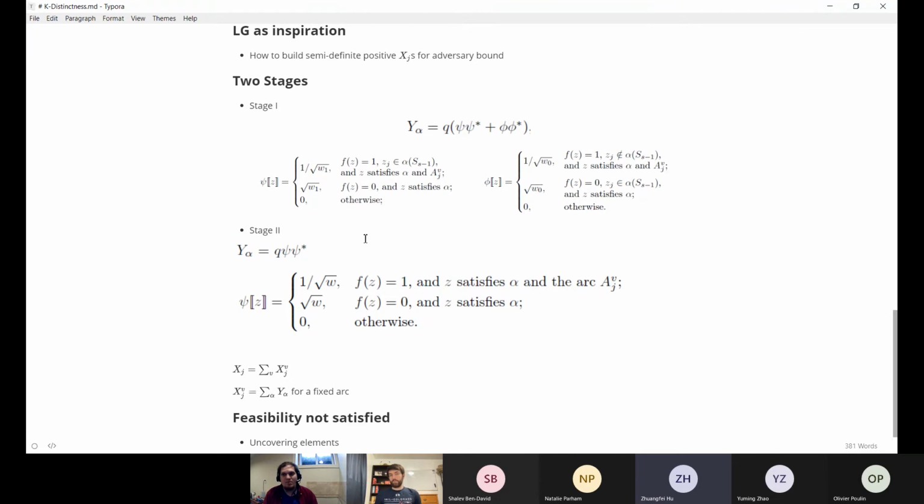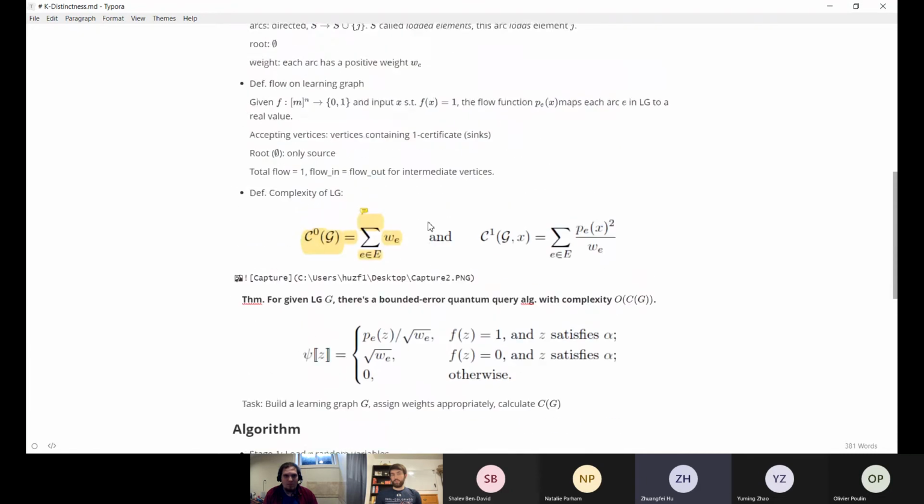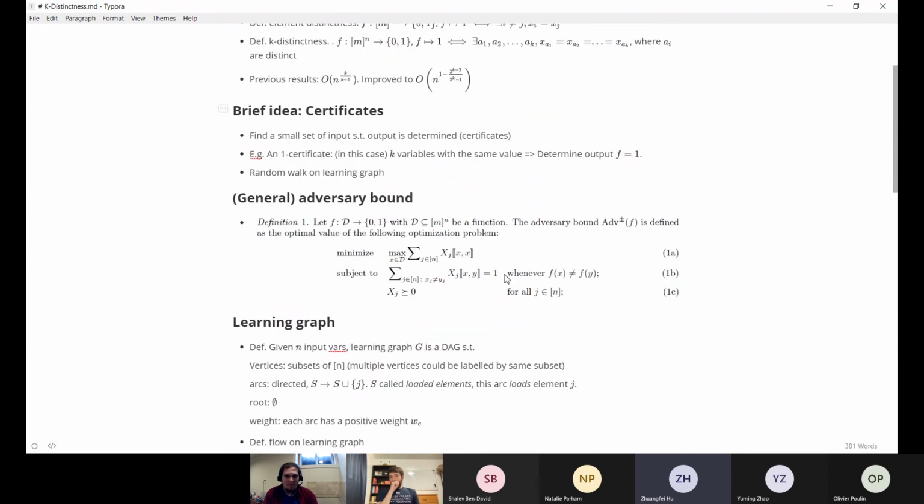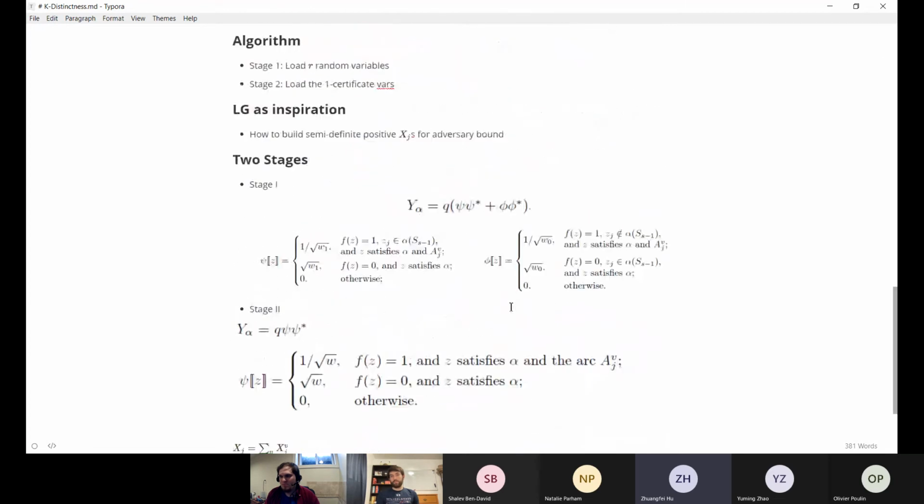In this case, we will not try to load the actual value of this variable, but replace it with a star. This will bring problems when we try to meet this feasibility restriction, because when we suddenly uncover a variable, it might bring exceptions to this original setting of flow.